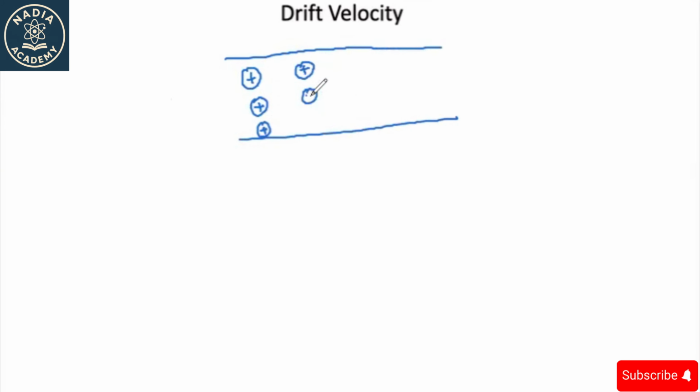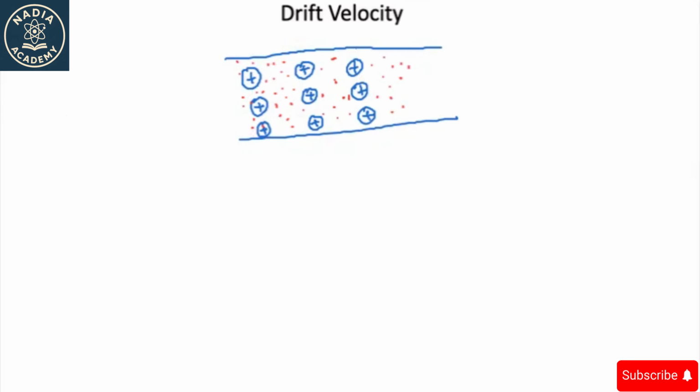They can only oscillate, or you can say vibrate, according to their thermal energy. And these vibrating ions are in a sea of free electrons. You can also call them delocalized electrons, and so they are free to move. They are in a conduction band, so they can move within the conductor.